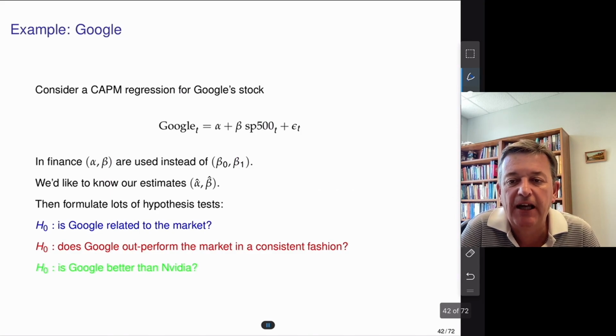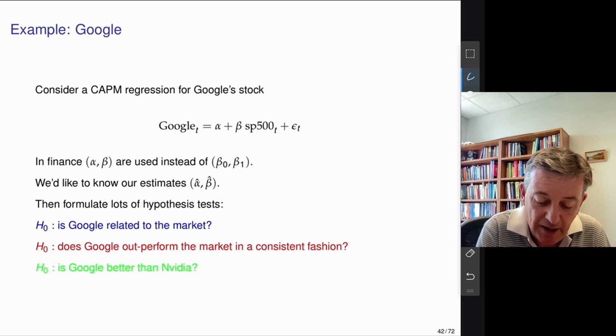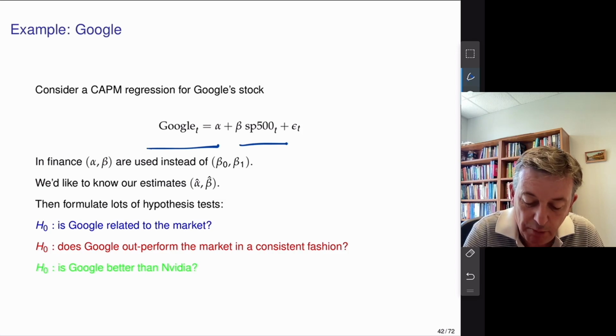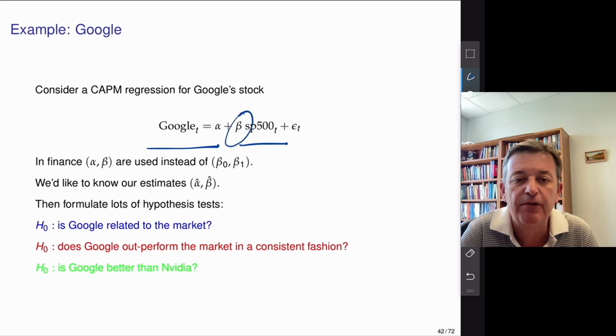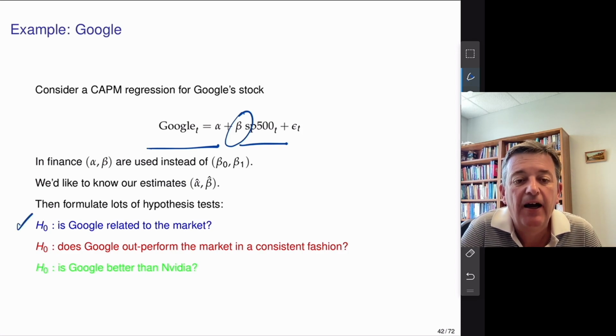Now here's a classic regression. It's called the CAPM regression, capital asset pricing model regression, and really it's the first baby regression you could run in finance. Let's look at the returns on Google and run a regression of those returns on the S&P. Really what we're looking for is how sensitive Google is to the market. A hypothesis we would be interested in: H0, is Google related to the market?